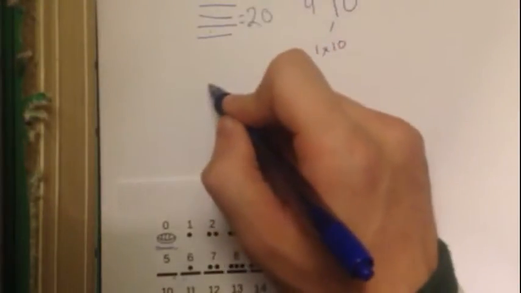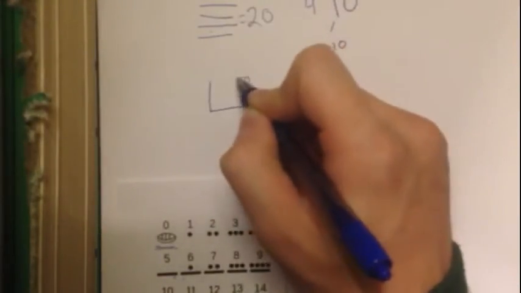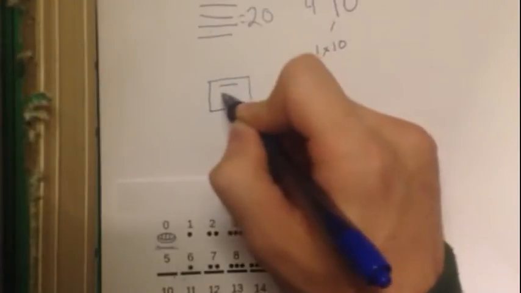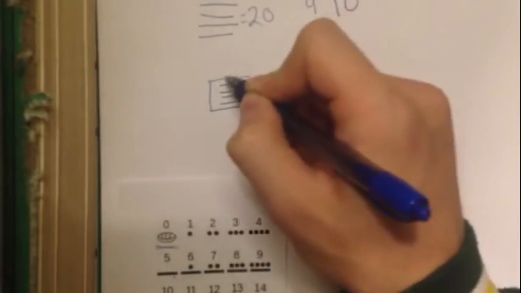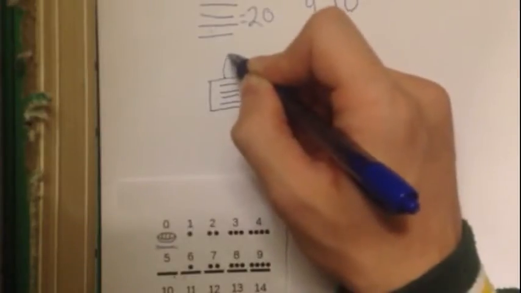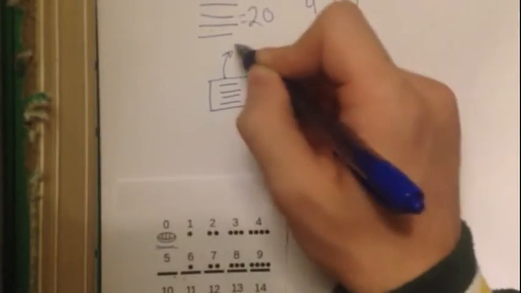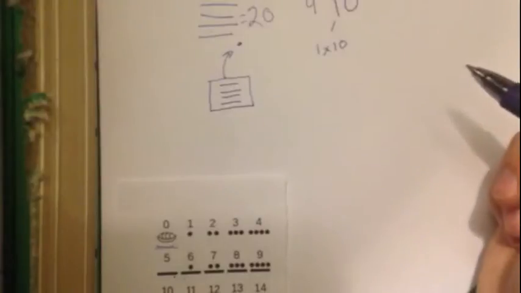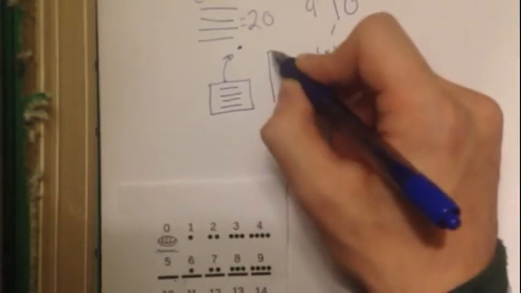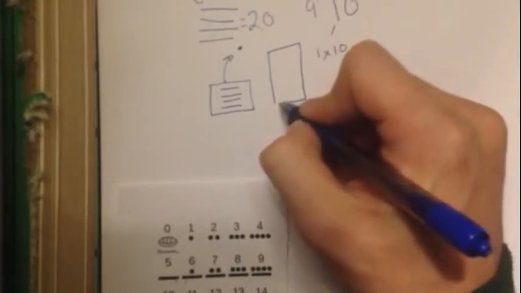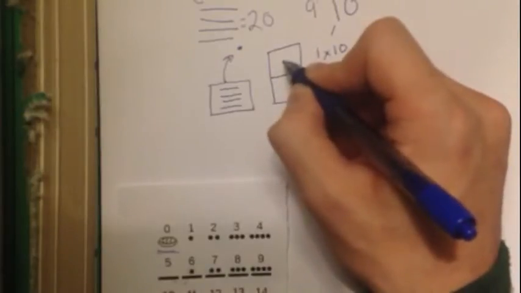So when we get to 4 bars down here, we move them up. They go up and become a dot. So we would write that out as 20, 20 being the 1 dot up here.